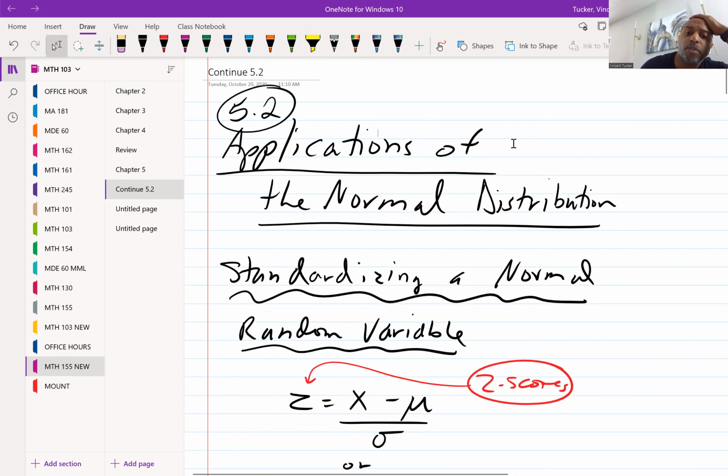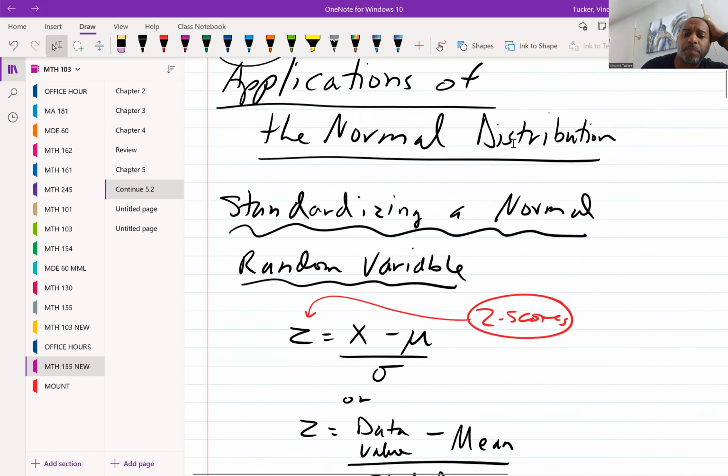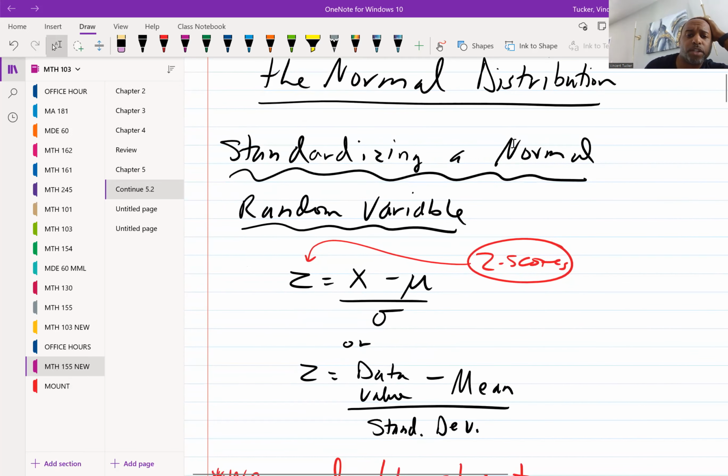All right, so we already talked about converting to z-scores. We did that last class, so it's just a reiteration of what we talked about last class. Your data value minus the mean, divided by the standard deviation.